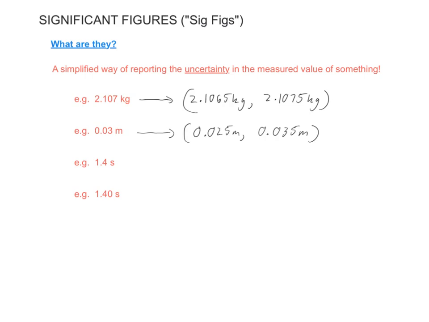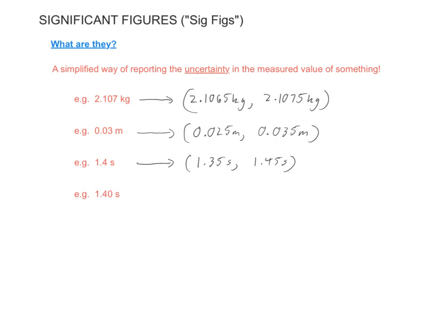Suppose I measure the time for something and record it as 1.4 seconds. If I report it in this fashion, what I'm claiming is that the actual time is really somewhere between 1.35 seconds and 1.45 seconds to reflect the uncertainty in the measurement.